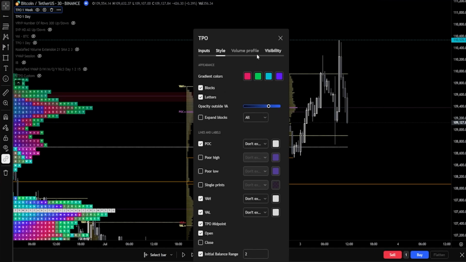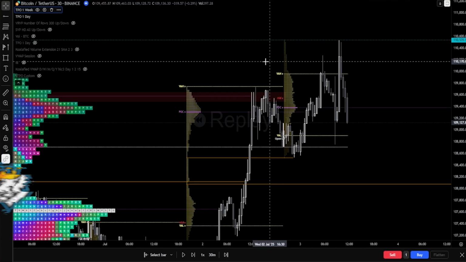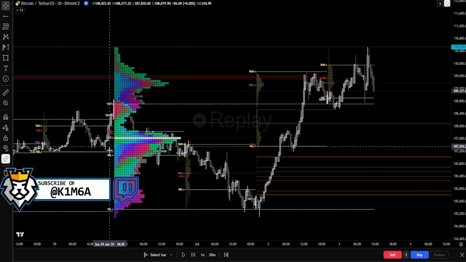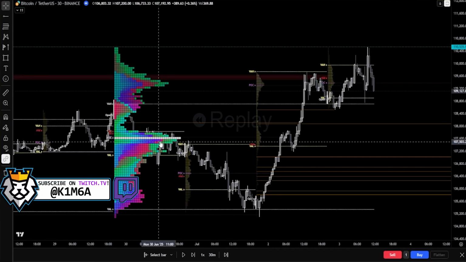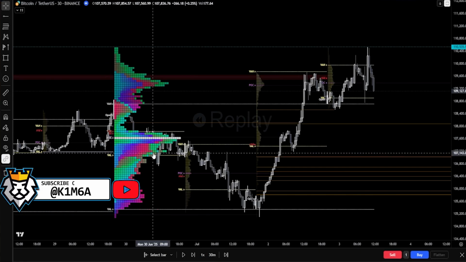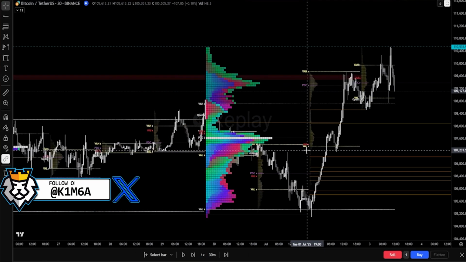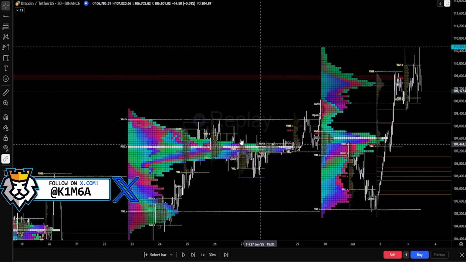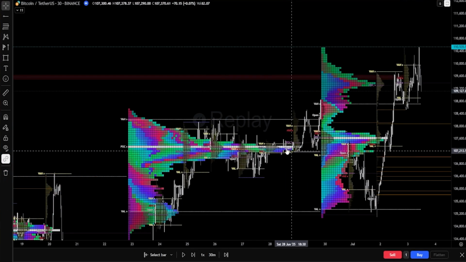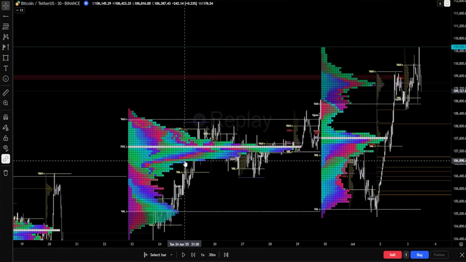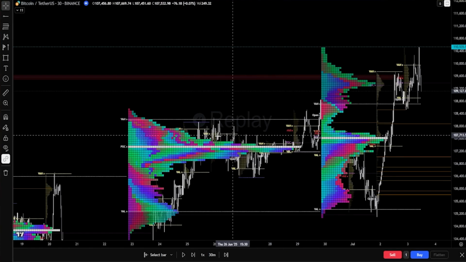And I'm going to unexpand the block. So we have a weekly profile on right now. So we have consolidation. That's pretty much a composite of all of the price action this week. And you can see some other ones. Look at that. And it looks like we traded in this range for several days.